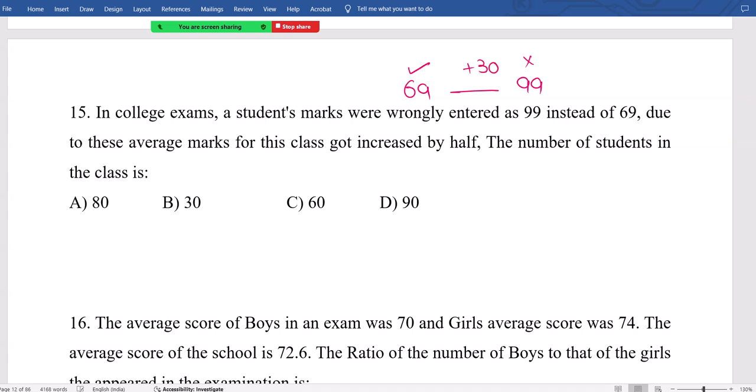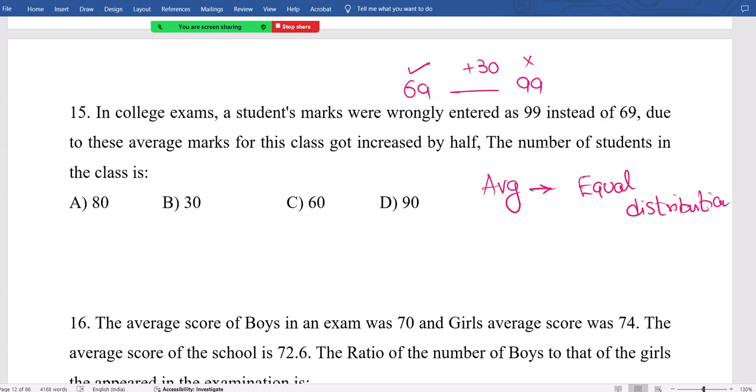See, very simple logic. No need to go for formulas. The basic concept of average is equal distribution. If you get profit or loss, distribute equally. Equal distribution you have to do. Right? Listen. You entered 99 wrongly, correct is 69.